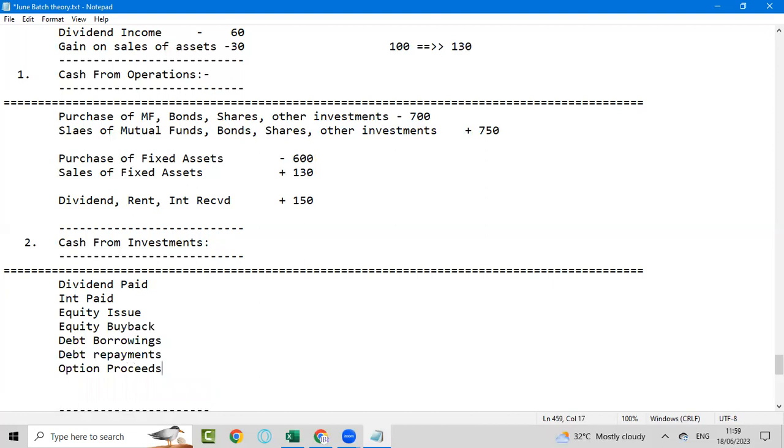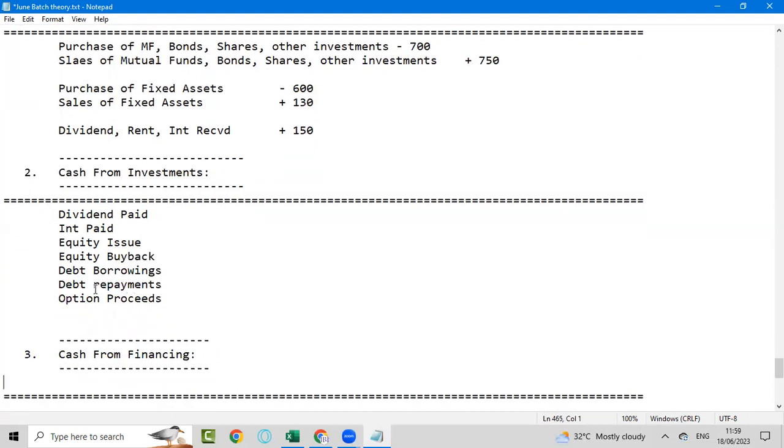Option proceeds. Dividend I have written. However, dividend means preference dividend, common dividend, minority dividend, all three. You have to write, right? Then you will get cash from financing.